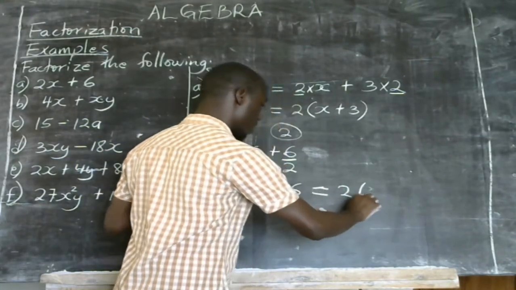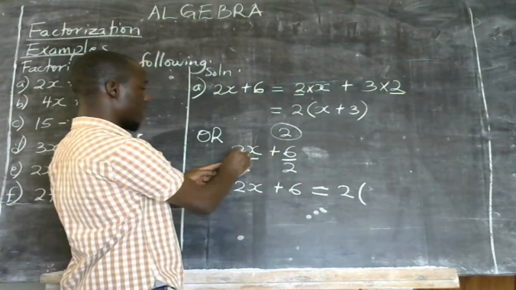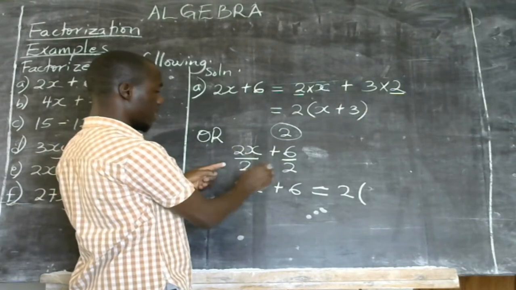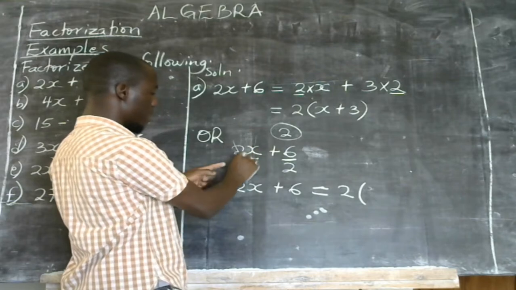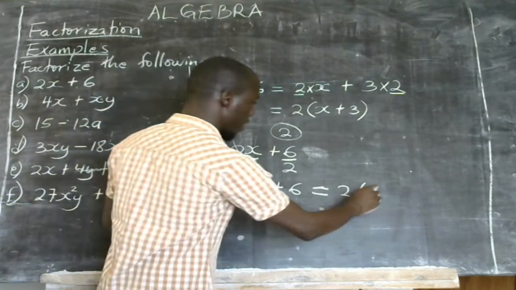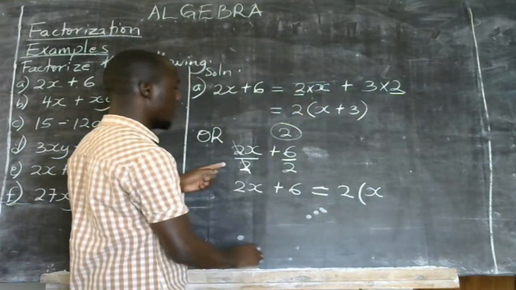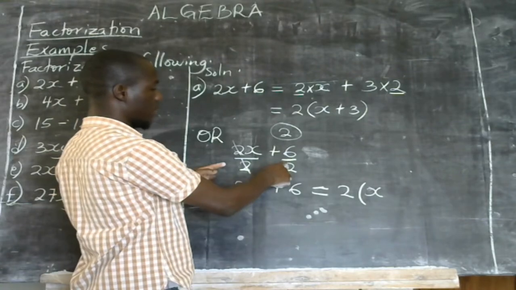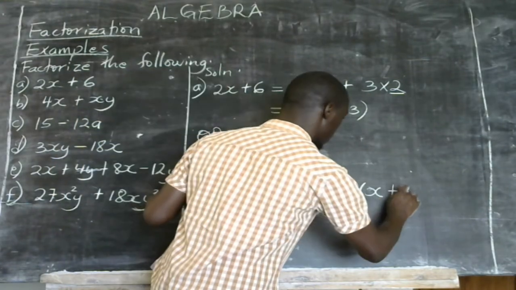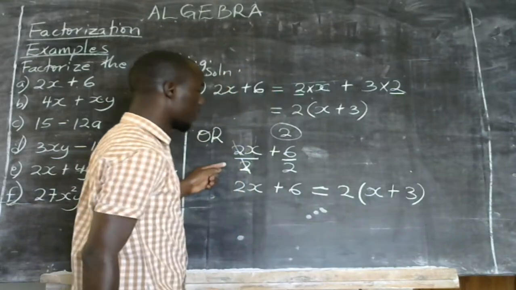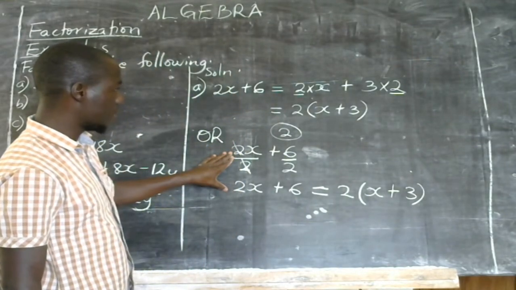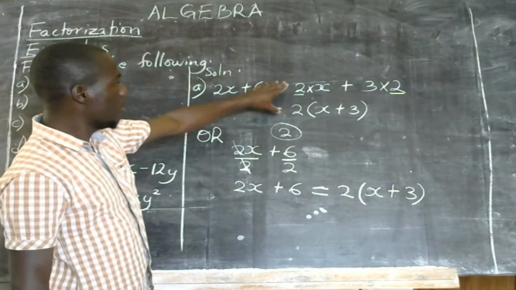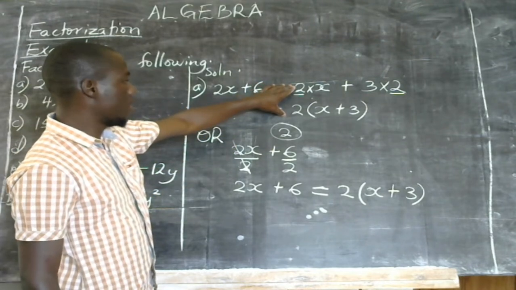Now, when I create the bracket, I divide that factor by the first term there. When you divide there, you see that you'll be left with x, so I write my x there. Then you divide that one there, you'll have a positive 3. So some other person can use this alternative, or the other one there.